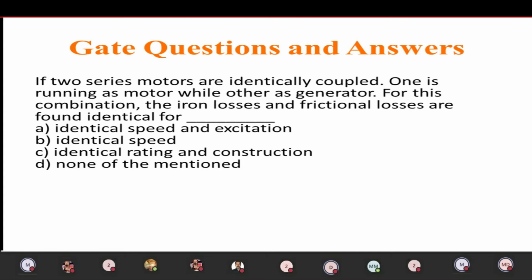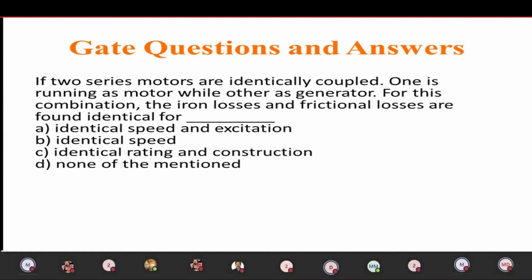Then, if two series motors are identically coupled, one is running as a motor while the other is running as a generator.